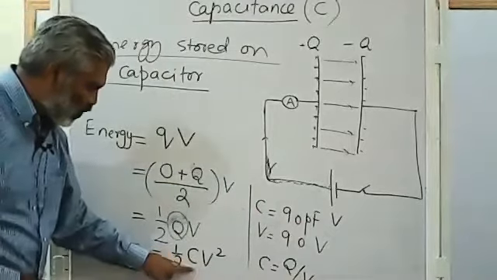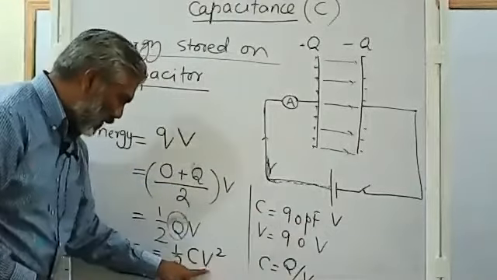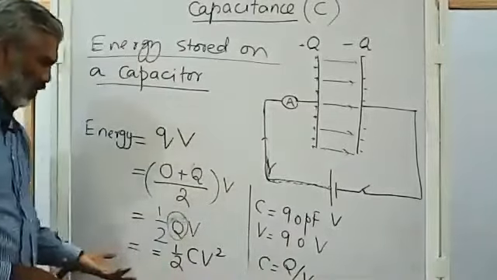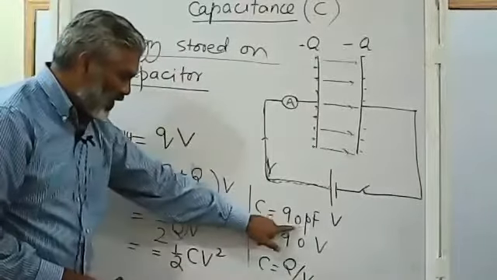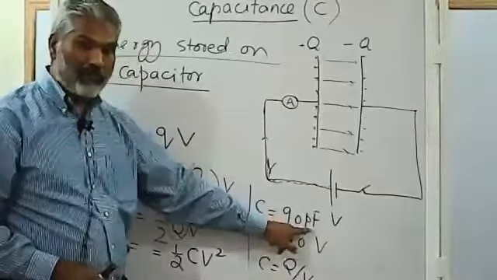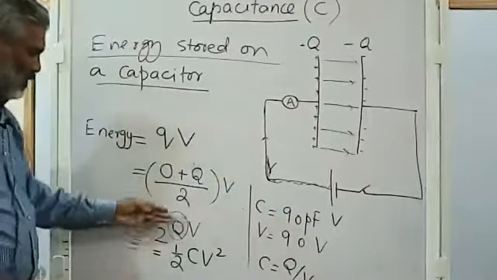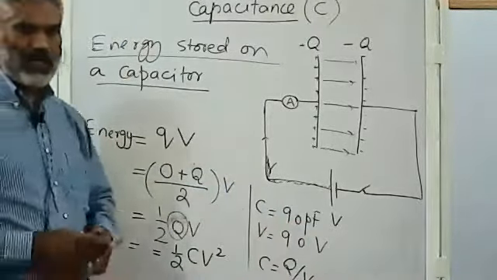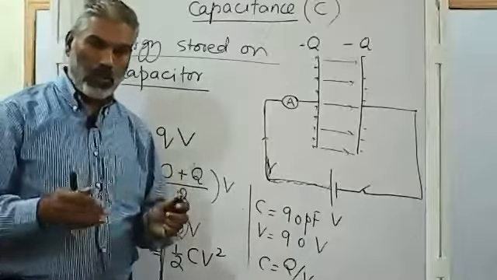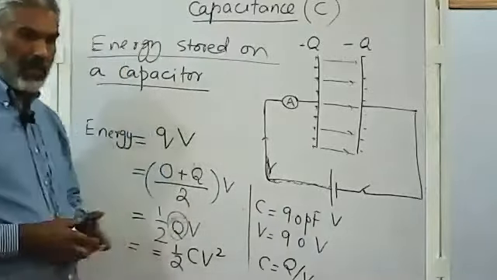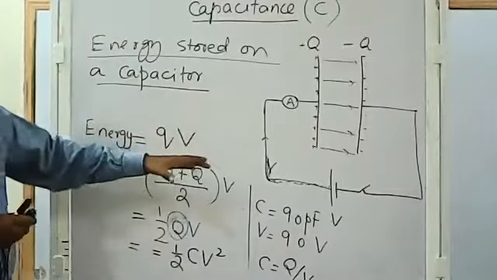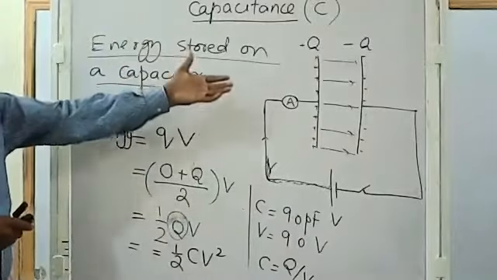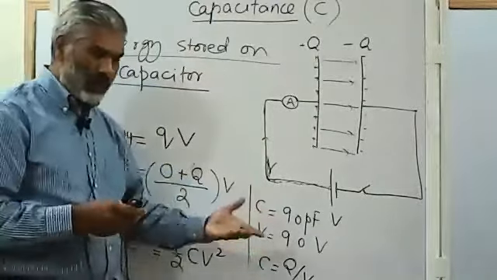C is 9 picofarad here, and 9 is squared because volt is the SI unit already, no need to change, but this is 9 into 10 to the power minus 12, pico. So with that, you can calculate how much energy we have stored on that capacitor, and that is the work that this battery has to do in order to store a given amount of charge.